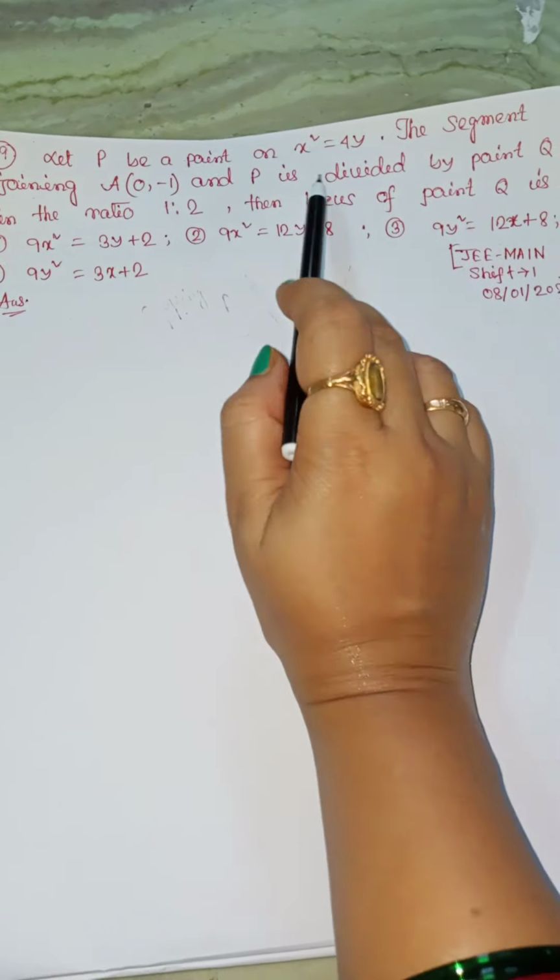Now the line joining AP is divided by Q at the ratio 2:1.